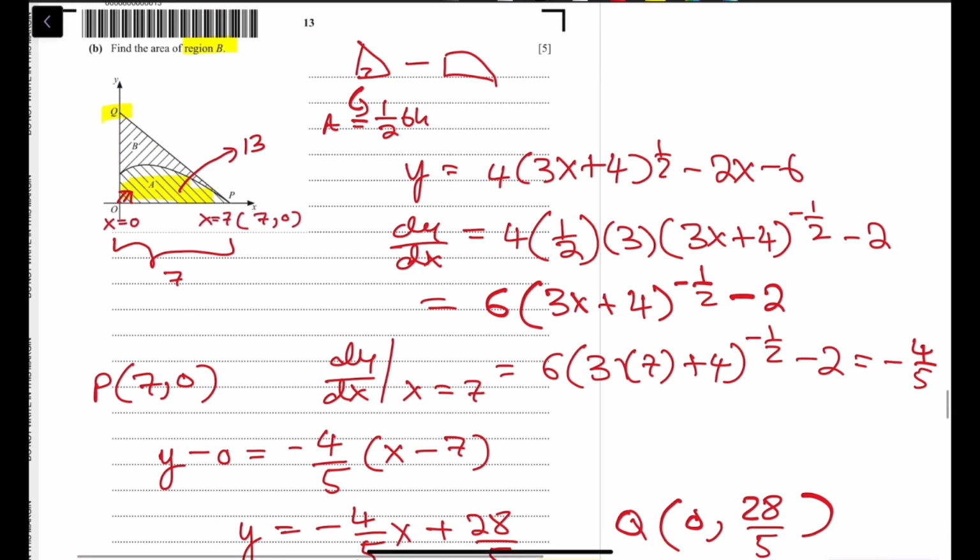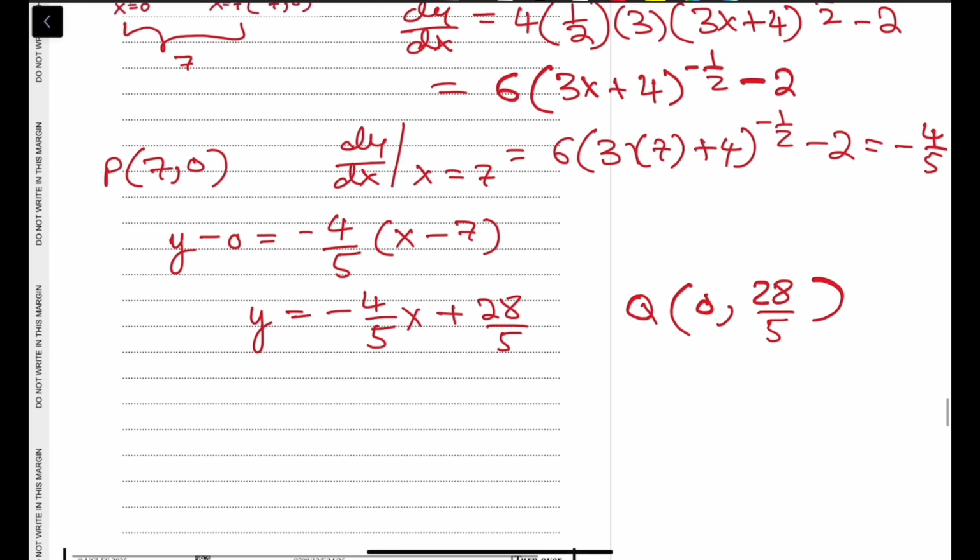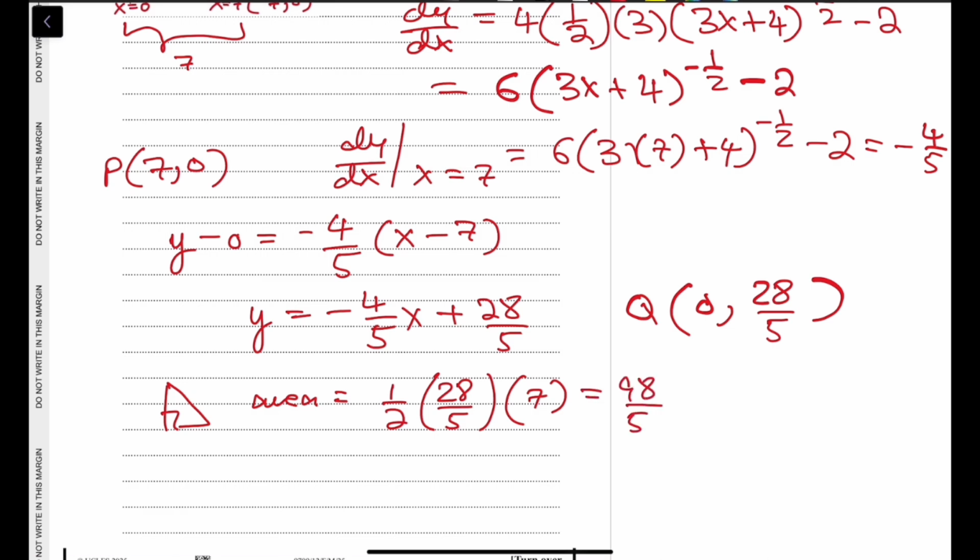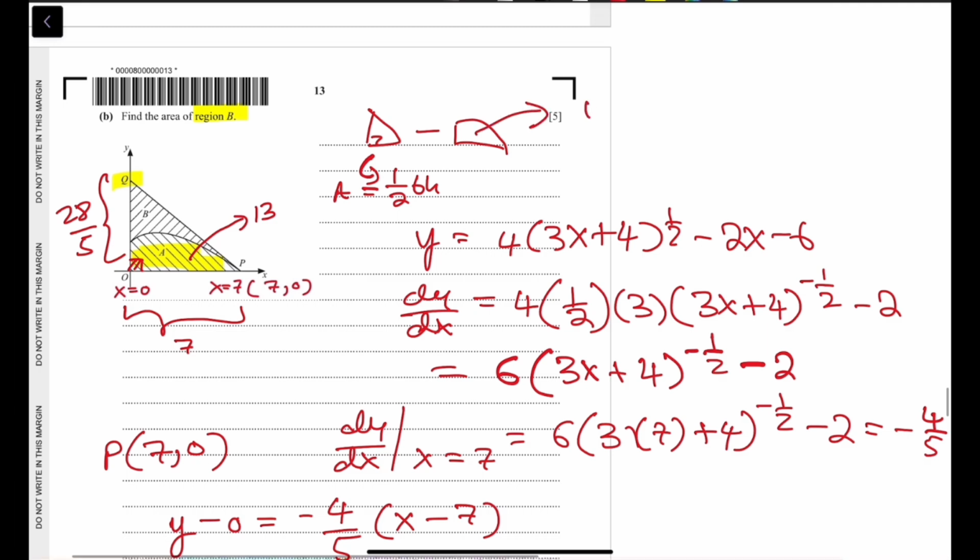And therefore, this length right here is 28 over 5. Our triangle area is equal to a half times 28 over 5 times 7, which is equal to 98 over 5. 98 over 5 minus our curved area, which is 13.